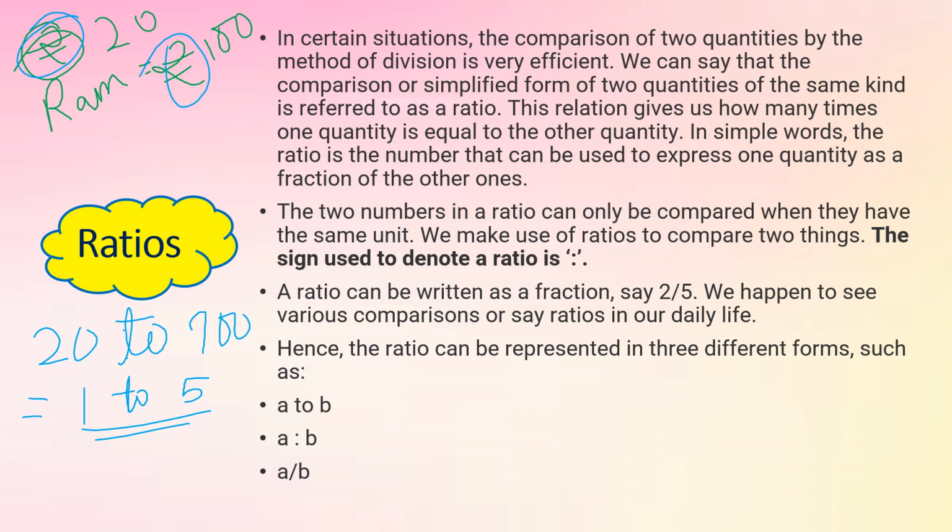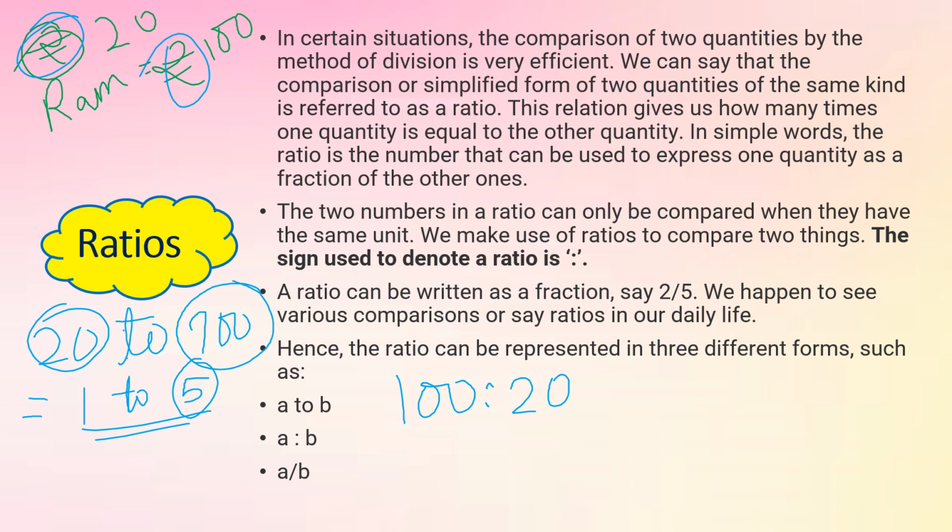This relation gives us how many times one quantity is equal to the other quantity. Here we get to know that 100 is 5 times of 20. If you place 100 in front and 20 in the last, you'll still find the same meaning.